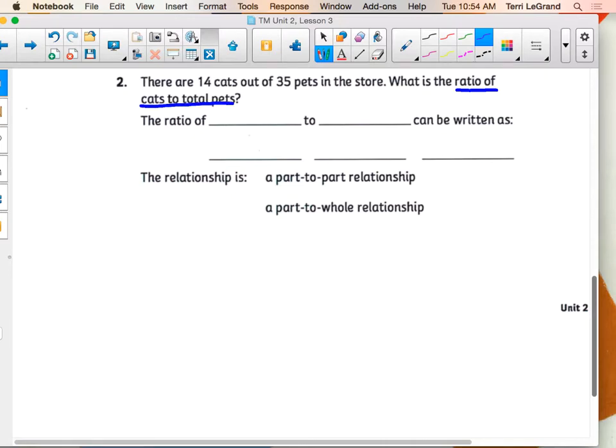If you didn't, do it now. What are we comparing? We're comparing the ratio of cats to total pets. Well, all you had to do then was copy it down to here. Ratio of cats to total pets.